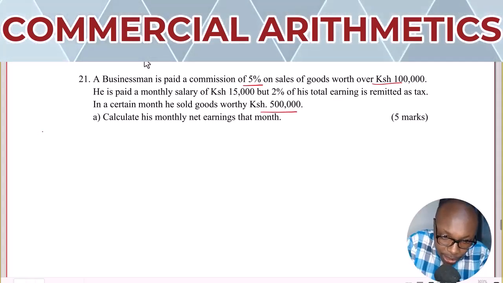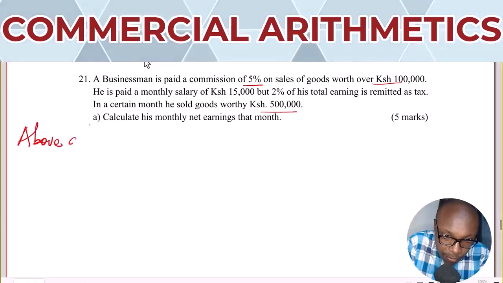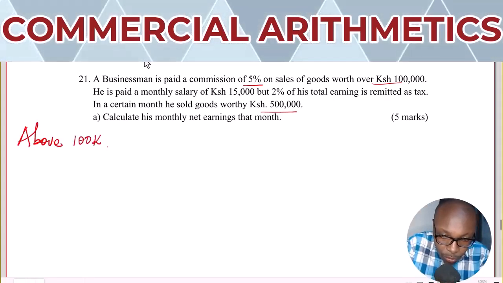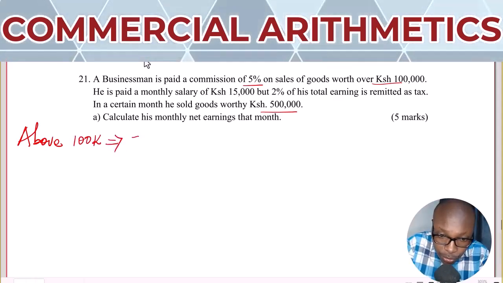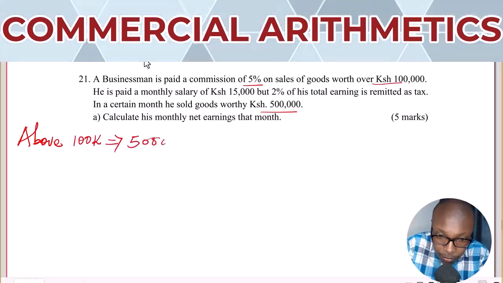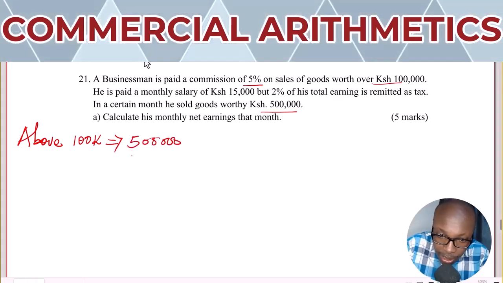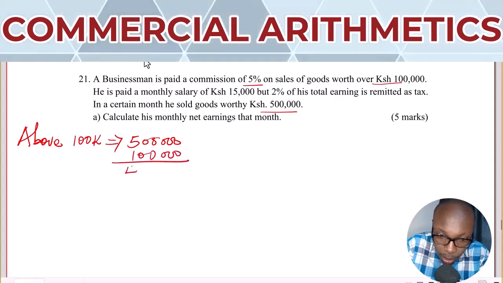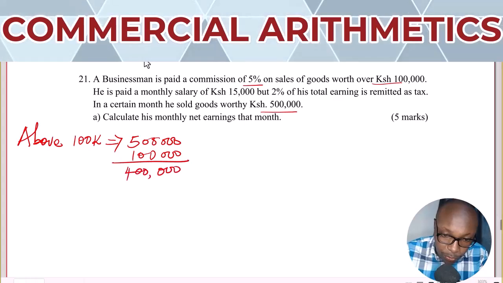We get that by taking the total sales, which were 500,000, then we subtract 100,000. So the goods that were above 100,000 were valued at 400,000.